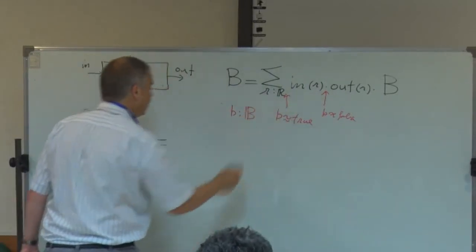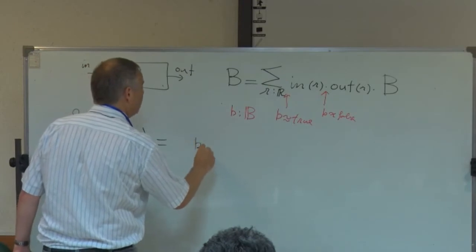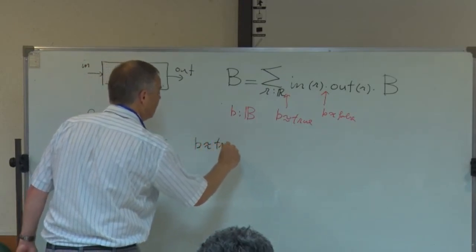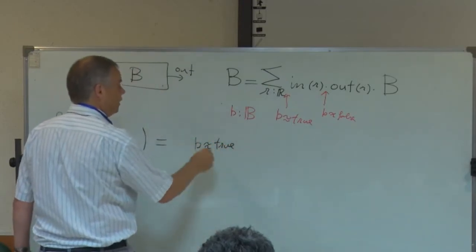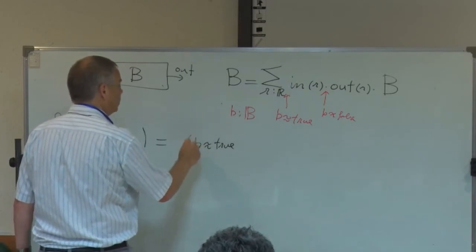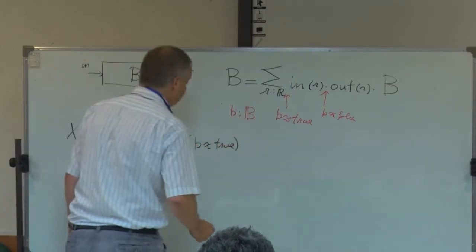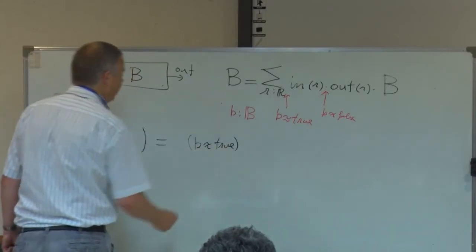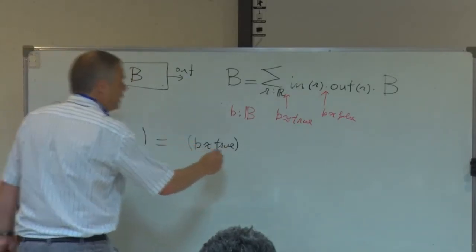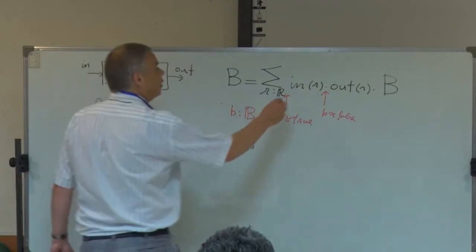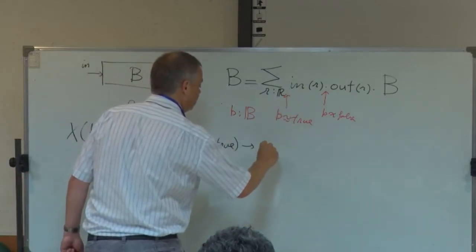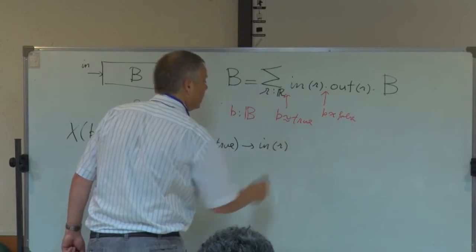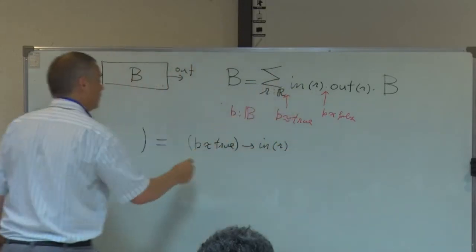If we are in this state, when b is equal to true, actually if we get to the data types, this expression is equal to b. So we could as well write just b. Then we can do an in(r) action. But this in(r) has the sum operator in front of it.